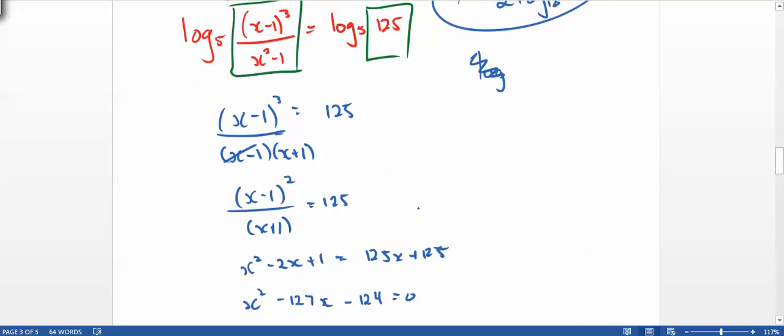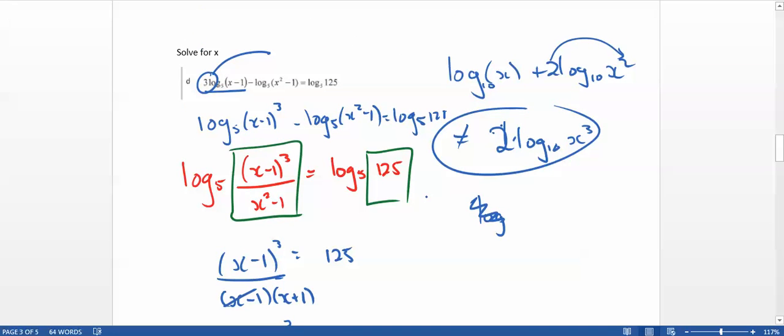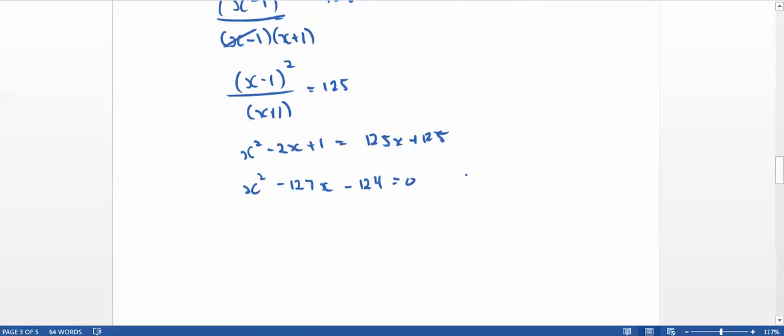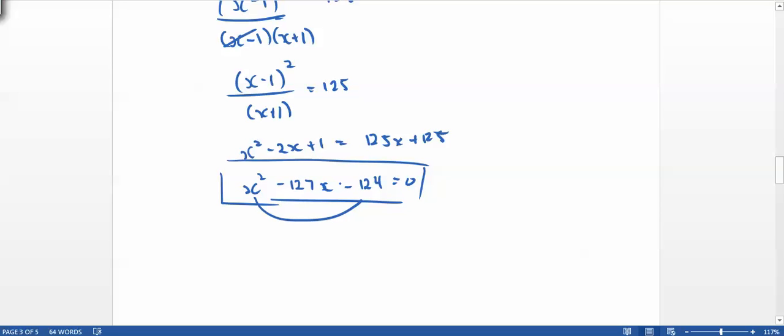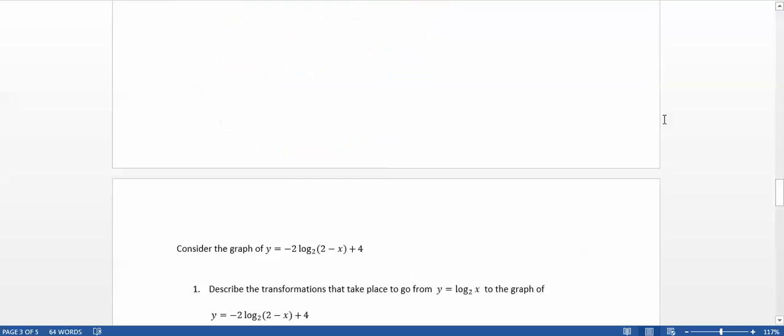And from there, it's saying solve for x. We can look to factorize first. Is there a pair of numbers that multiply to give negative 124 and add to give negative 127? Well, I don't know. But nevertheless, I'm going to let you finish that off yourself with a calculator.